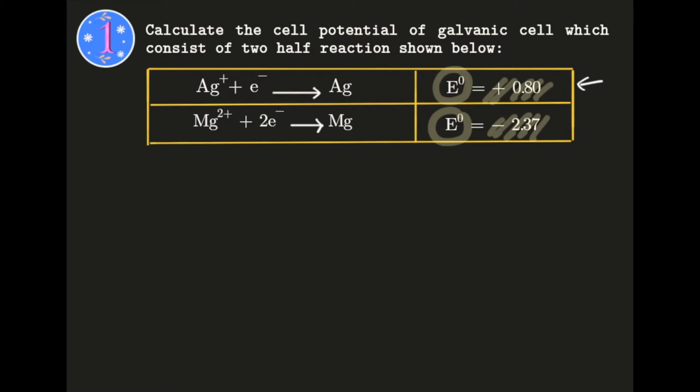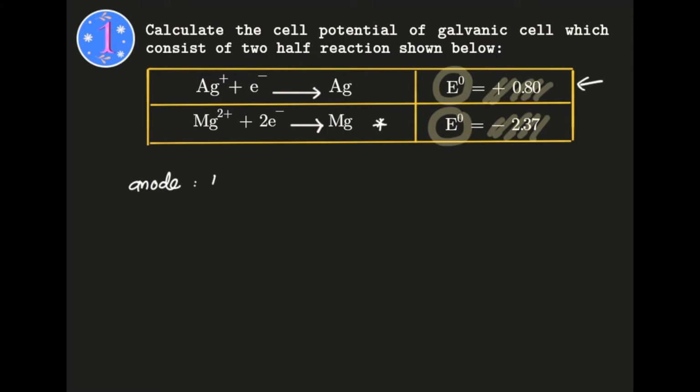So now we are going to write the half reaction accordingly with annotation of which one should be at the anode and which one should be at the cathode. Alright, let's start with anode. So for anode, oxidation is occurring. So it means that this equation needs to be swapped.